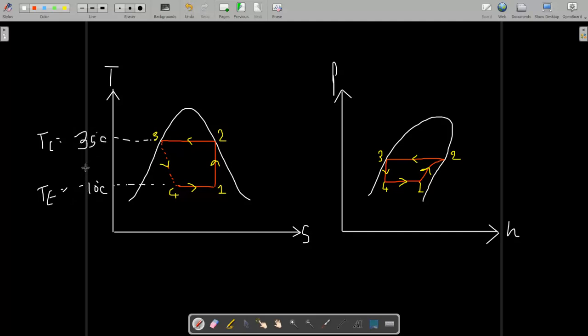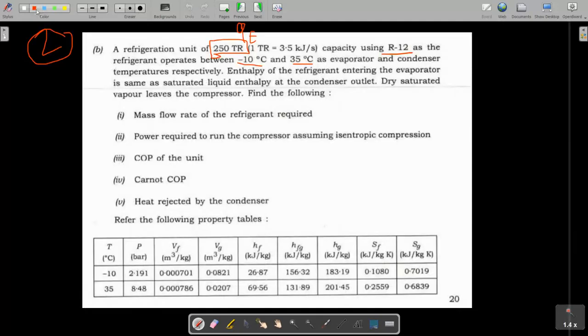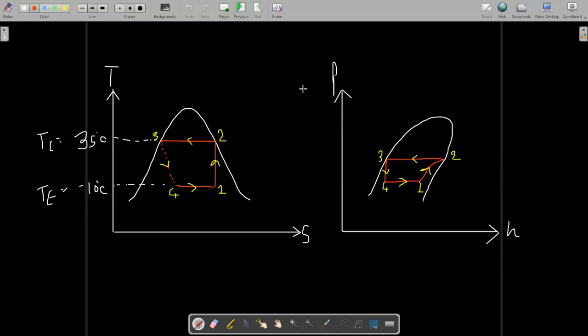Now read what is given next. The enthalpy of the refrigerant entering the evaporator is the same as the saturated liquid enthalpy at the condenser outlet. They are talking about the outlet of the condenser, that means point 3. And I hope you know what 1 to 2, 2 to 3 represent.